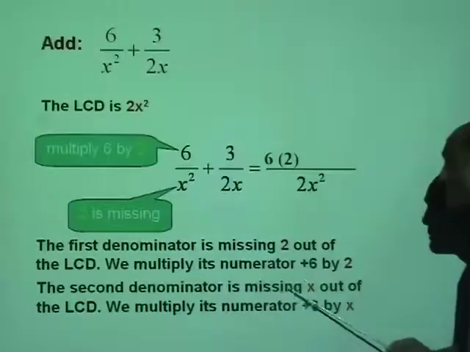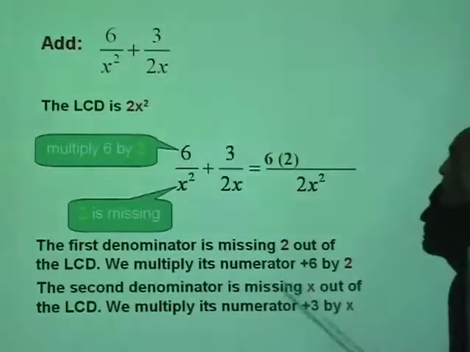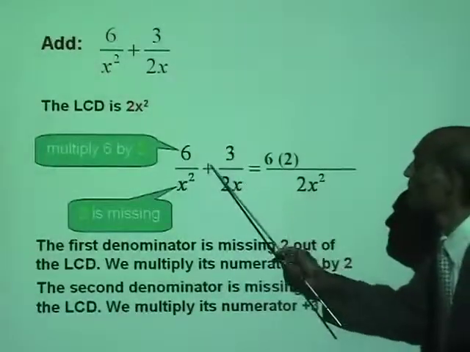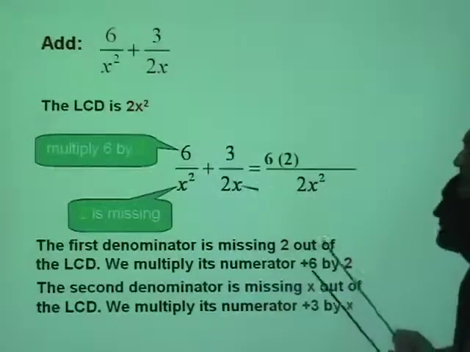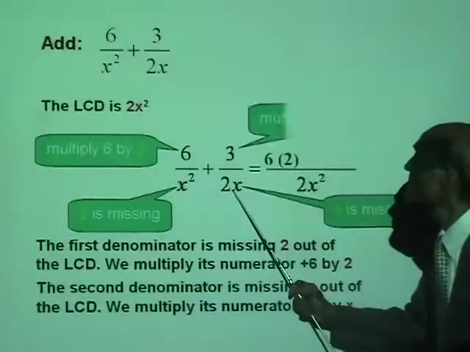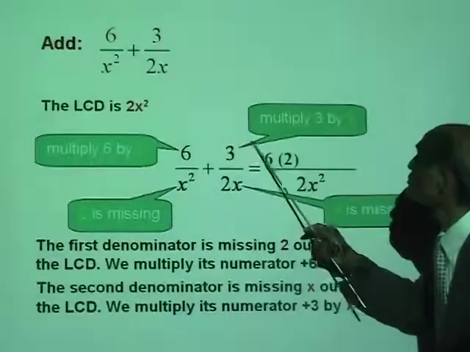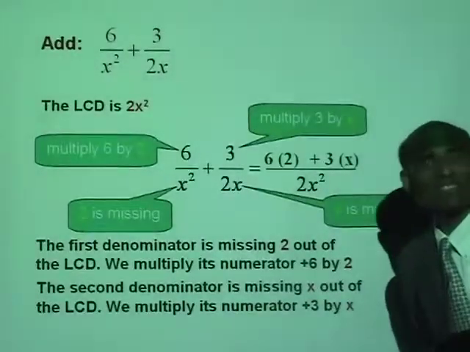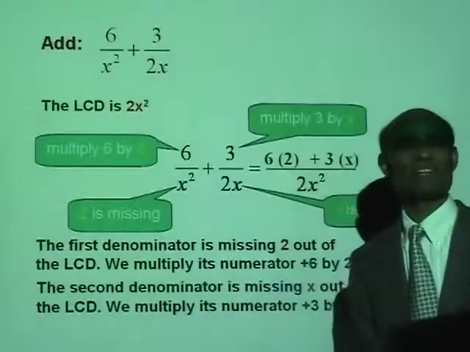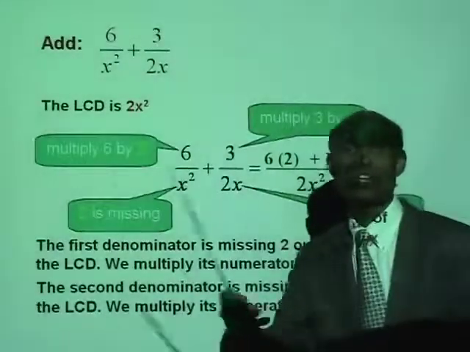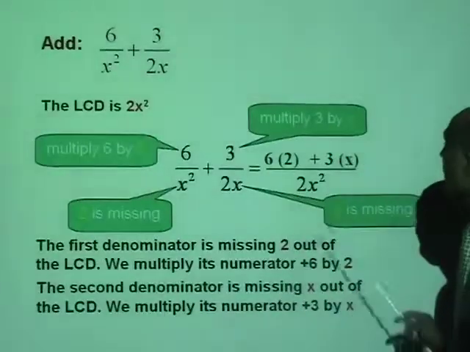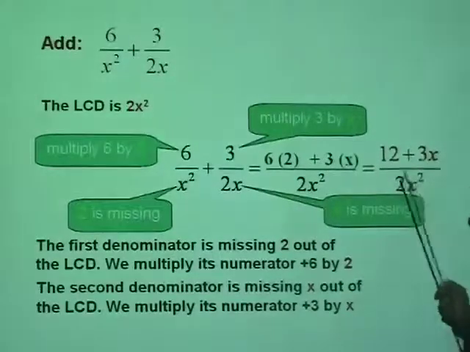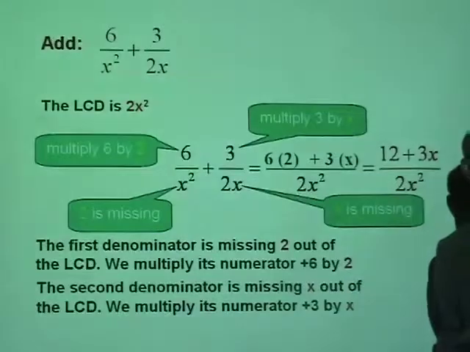That will be 3 times x. Isn't that neat? That's a very good way of adding rational expressions. Once you understand it, you can never make a mistake. Now simplify this. That will be 6 times 2 is 12 plus 3x over 2x squared, and that is the answer.